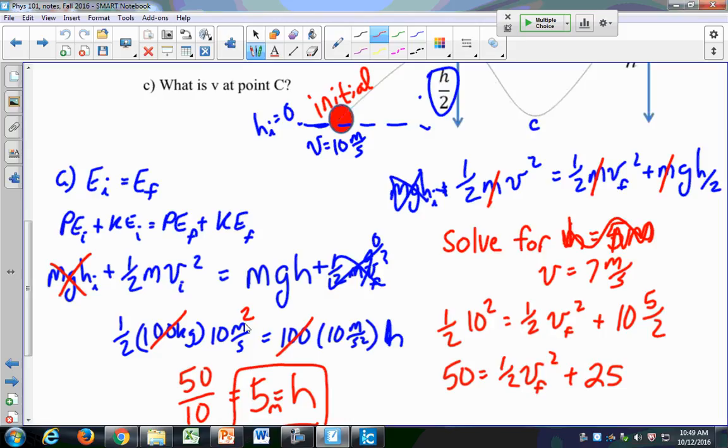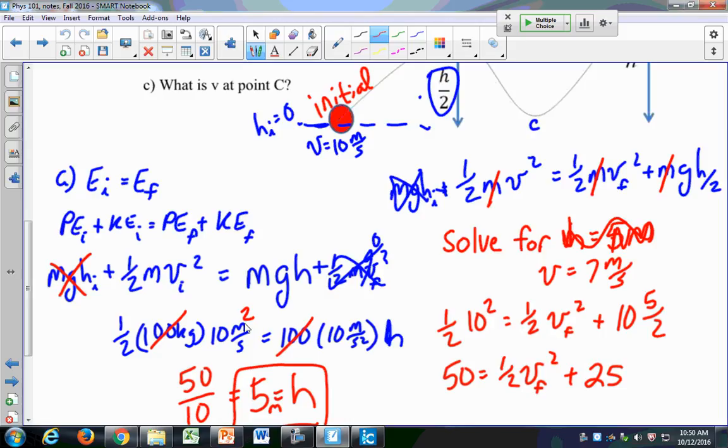Then we say, well, initially I only have kinetic energy. Here I have kinetic, that means at this position, h over 2, I have kinetic and potential, because it's moving and it's also at some position above the ground level. So I have kinetic and potential energy. I put in the values that I know, and then I solve for v. I found that v was equal to 7 meters per second.